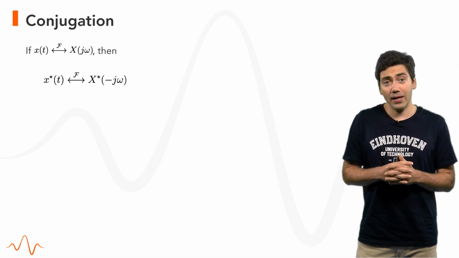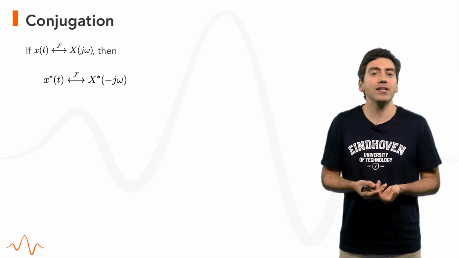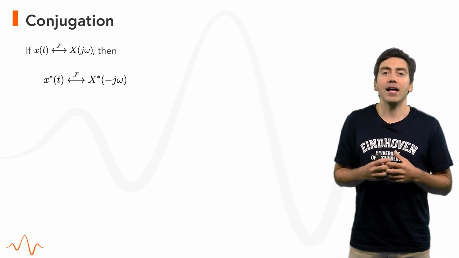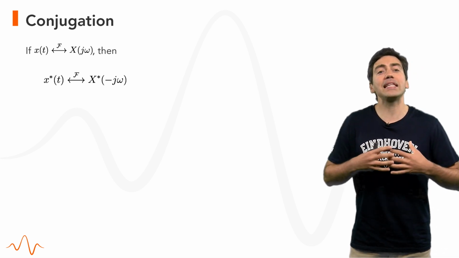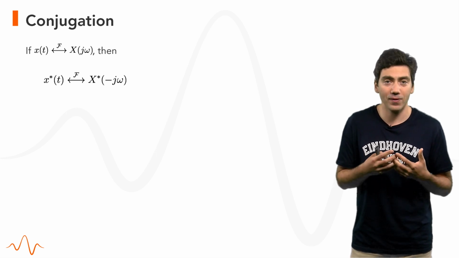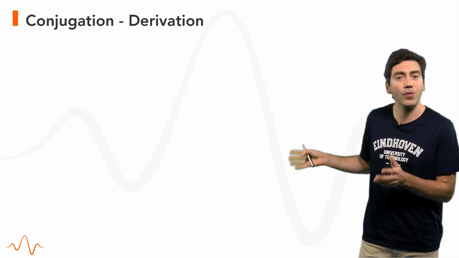I was saying that per se this is not that important because we rarely find signals that are complex rather than real. But this is a property that tells us how to compute the Fourier transform of the complex conjugate of a signal. This formula is also mathematically very easy to derive.